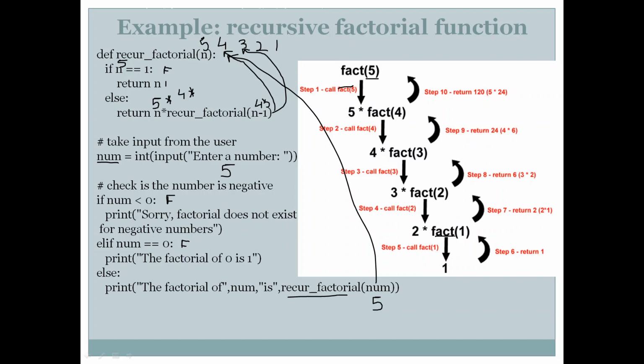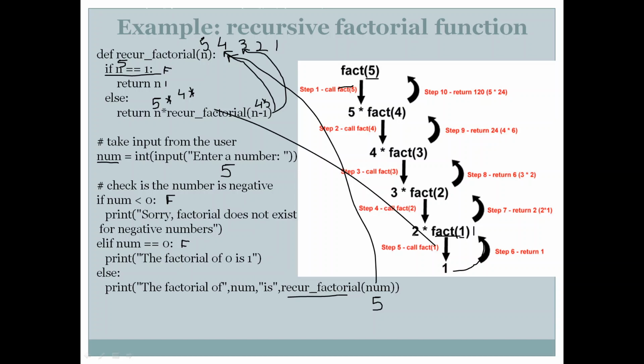So at the end we are calling factorial of 1. For factorial of 1, the value of n is 1, and when n is equal to 1, this condition is satisfied: return 1. So at this point it returns 1 to the calling program. From here we have called fact of 1, so here it will return the value 1.